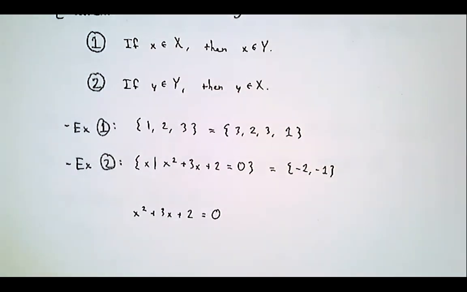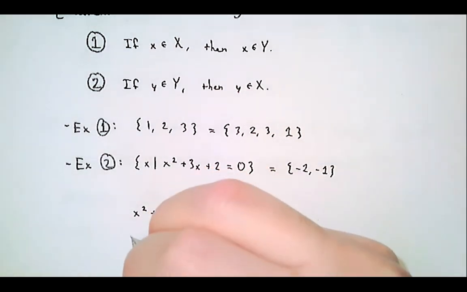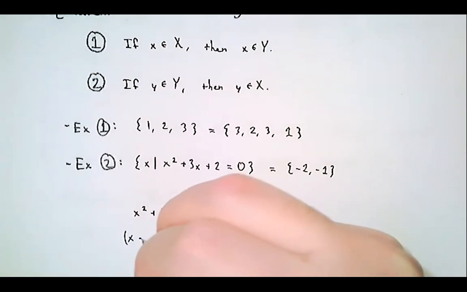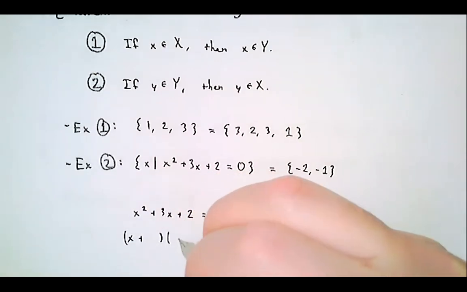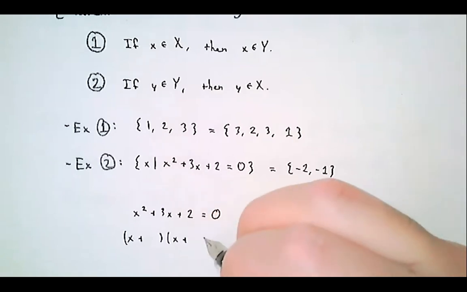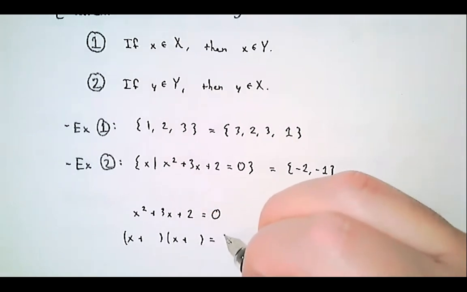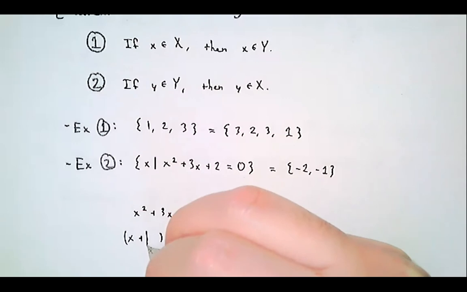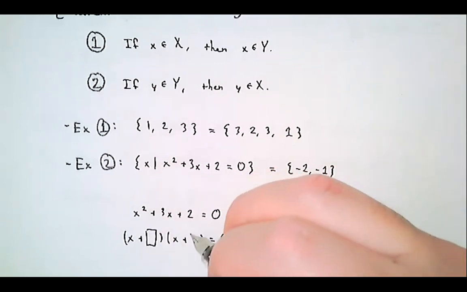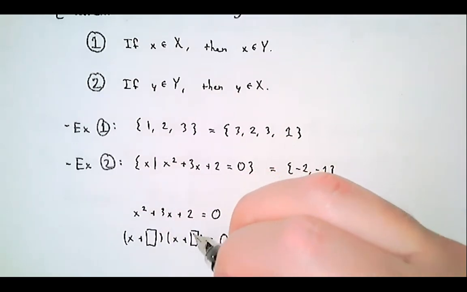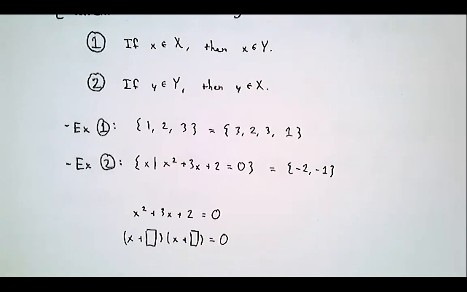Spend a couple minutes on this. So this is what we want to end up with. We need to fill in two numbers, and if you think back to your algebra class, we know that these two numbers need to multiply together to give 2 and add together to give 3.